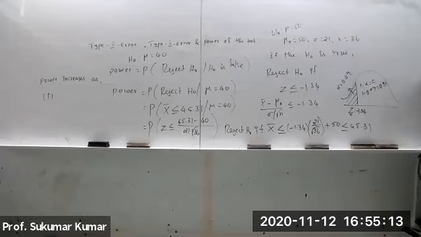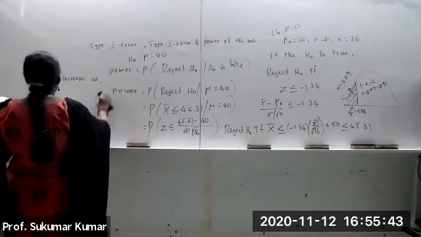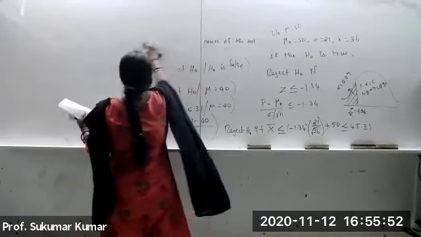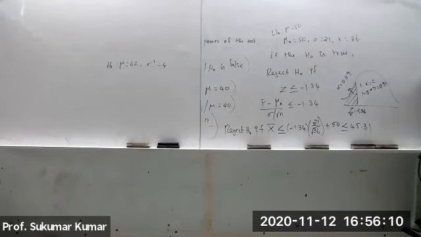Example: the heights of college students are normally distributed with sigma square equal to 4, and the hypothesis H naught: mu equal to 62. So this is a simple hypothesis.